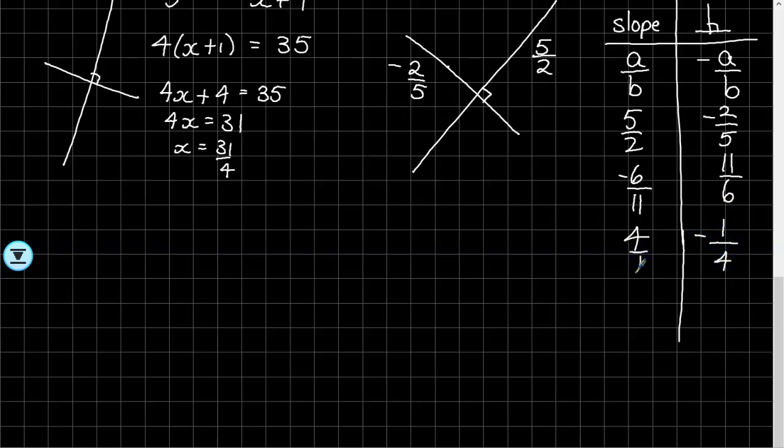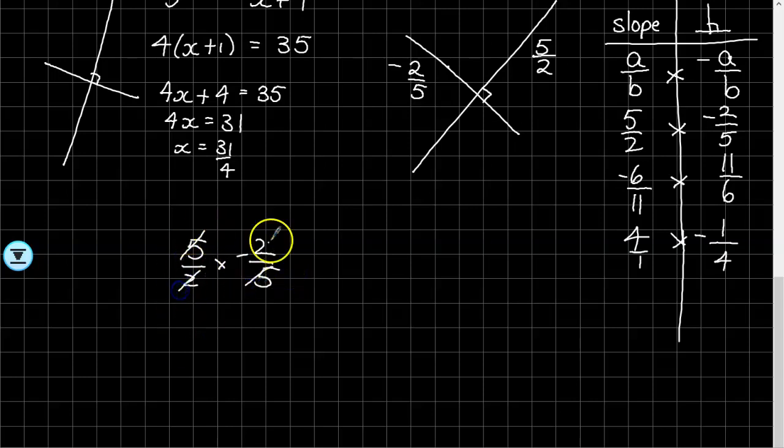Agreed? And a bit of a check is that if we multiplied each of these together, what answer do we get? Not 0. Have a look. What is 5 over 2 times negative 2 over 5? Like I'm just asking you to work that out. Not 1.